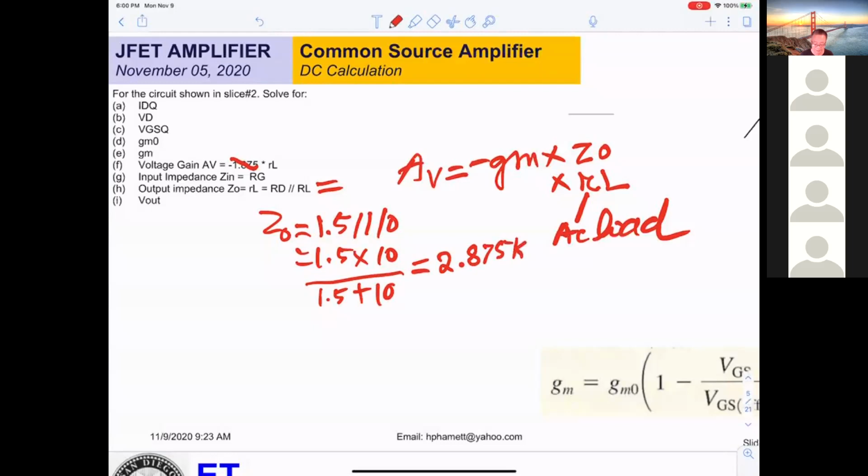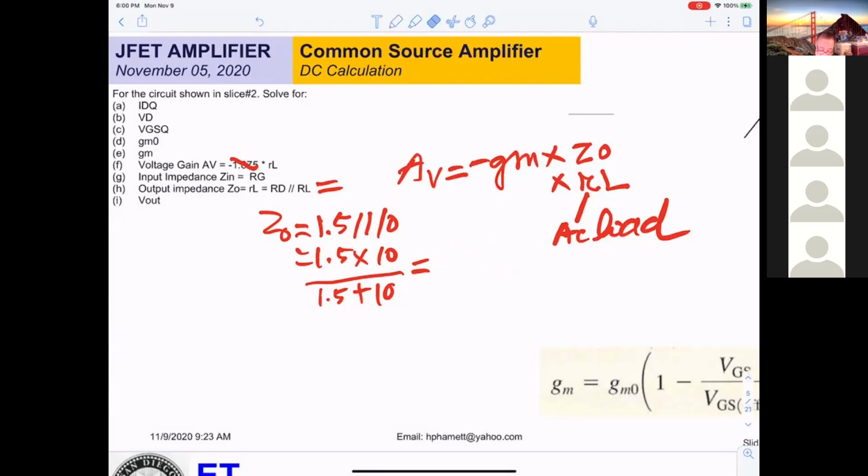Oh no, wait, that might be wrong. Okay, tell me what you get, so I don't have to calculate it. 4.89K. I get 1.304. Oh man, I stand corrected. I was going in the wrong direction. 1.3.